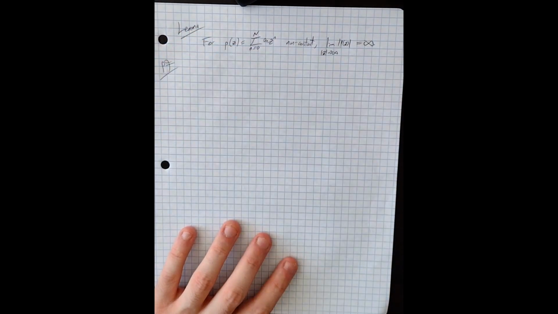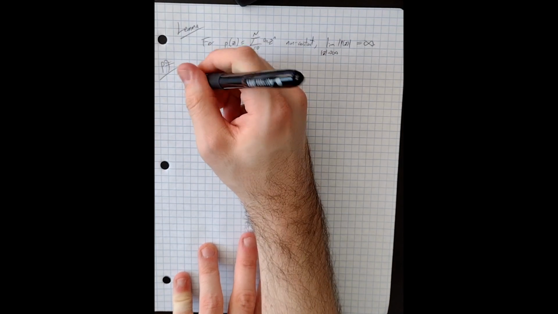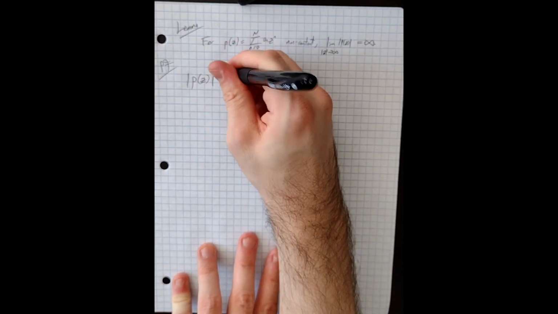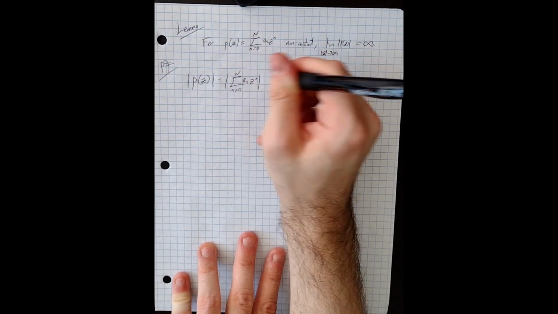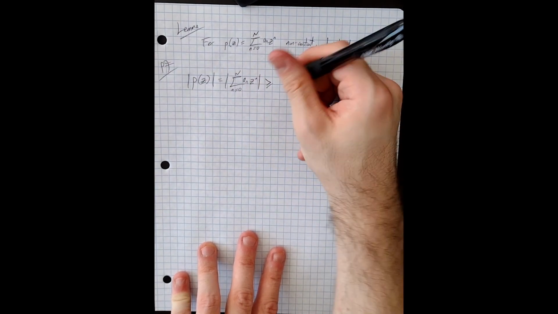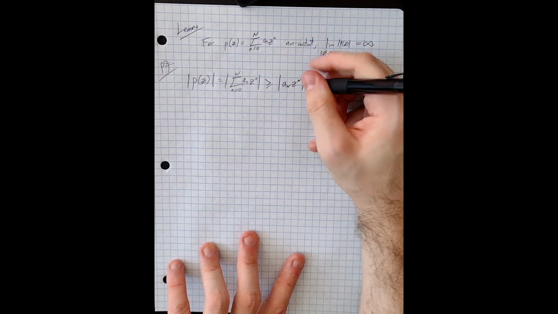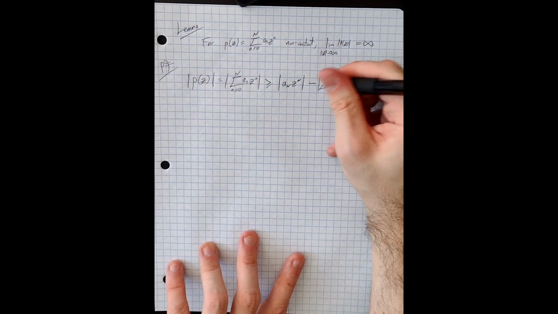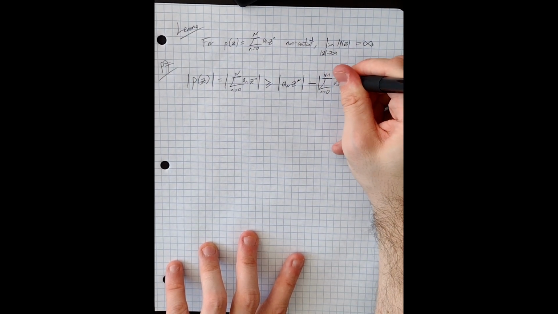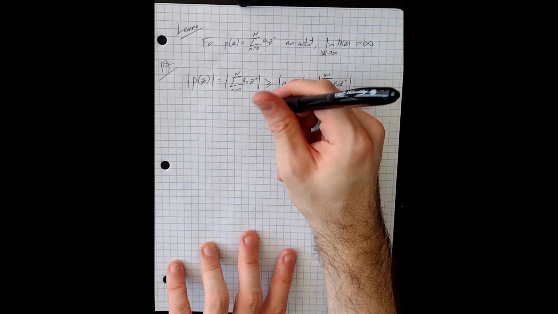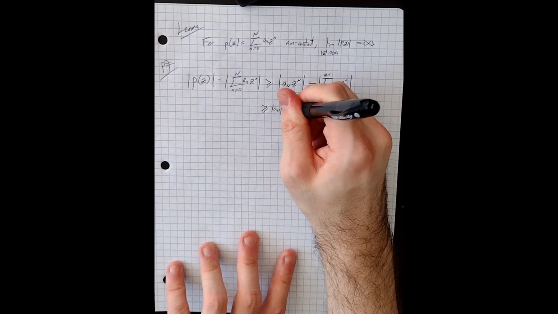So for the proof, we're going to use the reverse triangle inequality. This is greater than or equal to the magnitude of a_n z to the n minus all of the rest. And then let's move that around like this.